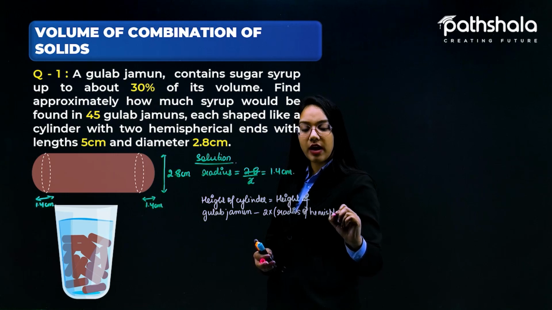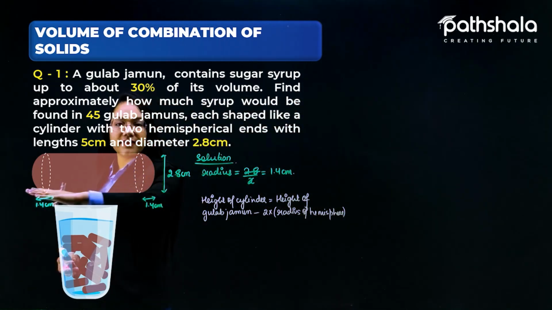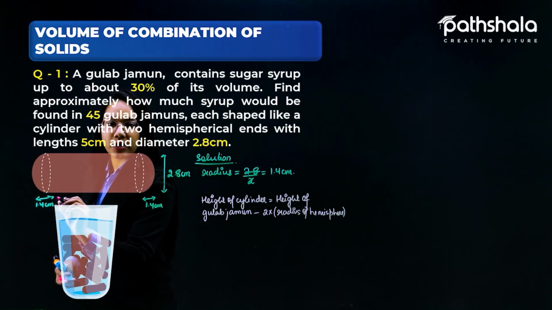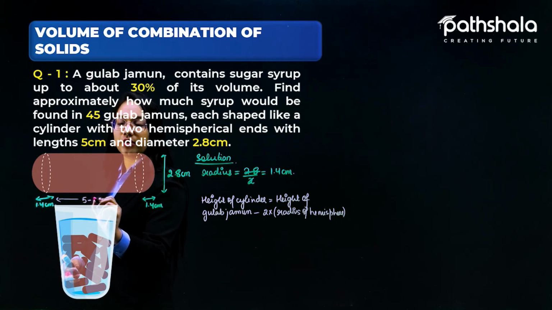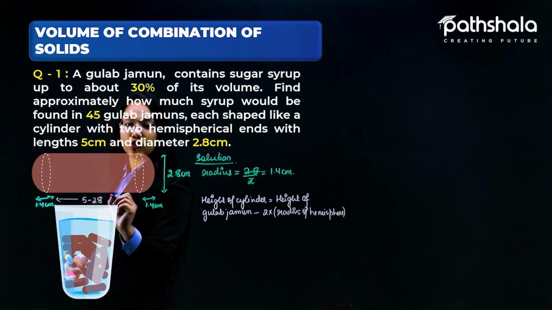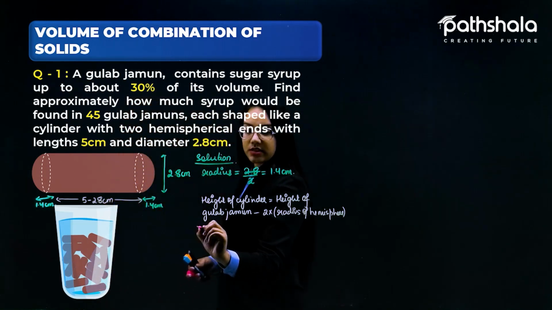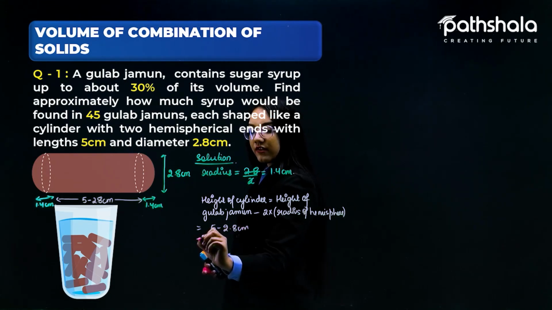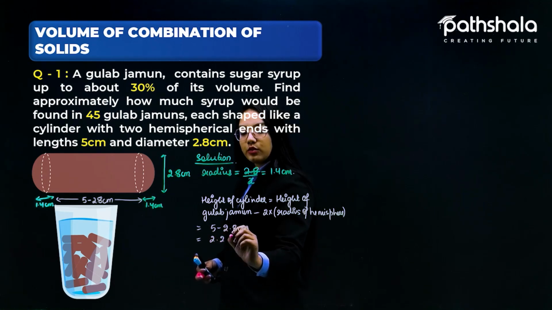This total is given as 5 centimeter, so it would be 5 minus twice of 1.4, which is 2.8. So 5 minus 2.8 centimeter is equal to 2.2 centimeter.